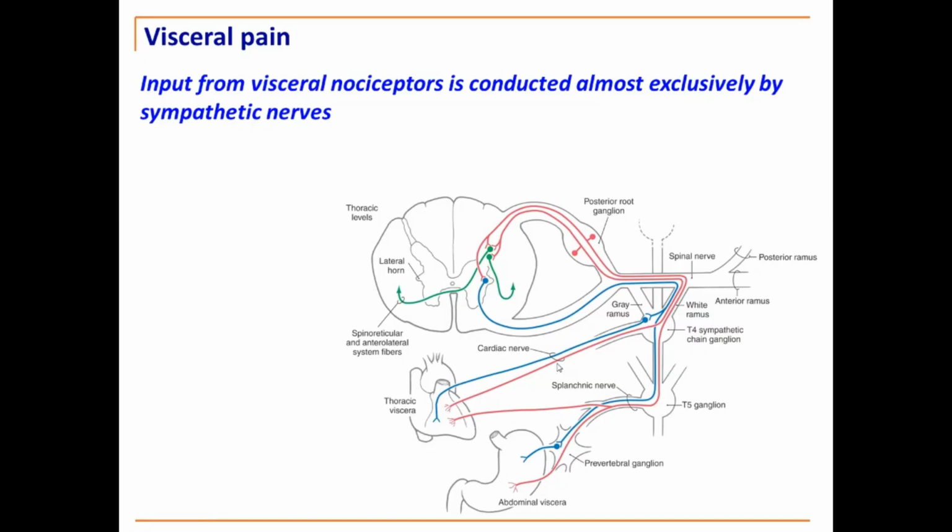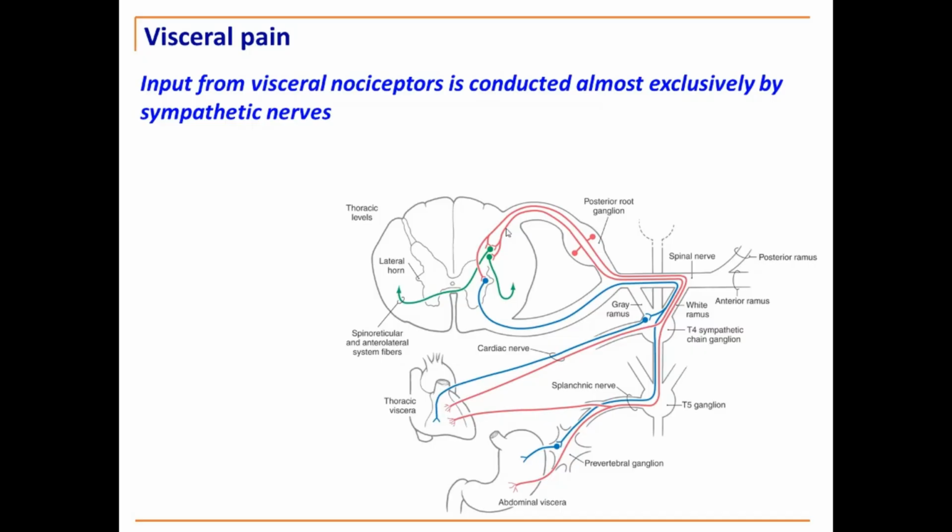And then when we're following it through, it passes through the white rami, into the spinal nerve, through the posterior root ganglion, and into the dorsal horn, or the posterior horn, where it synapses, therefore conveying visceral information to the thalamus and to the general visceral efferent neurons, which are in blue.